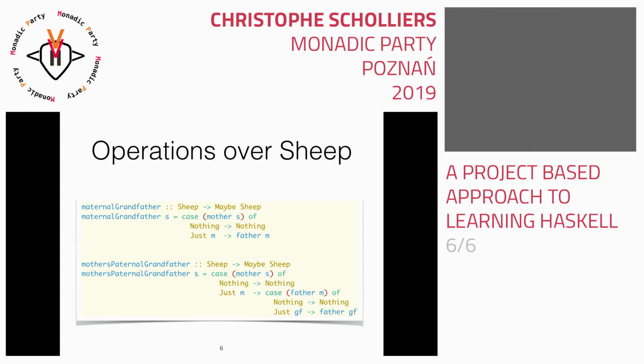Because if it already doesn't have a mother, then we cannot access the father. And if it's just M, then we found that this particular sheep has a mother, and we can just use our accessor father to get to the father. And that one is going to return a maybe sheep, which is exactly what we need to return here.